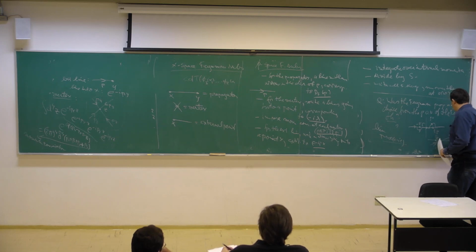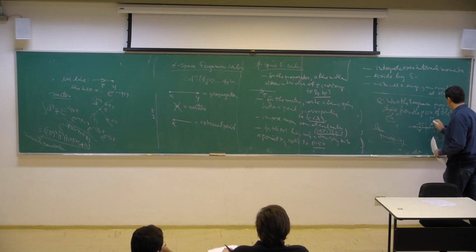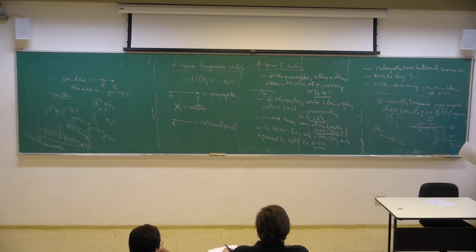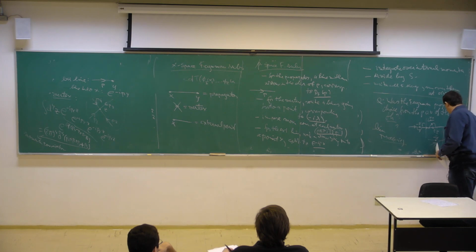It was linear but slightly off. And this came because we had P0 going like 1 plus I epsilon.